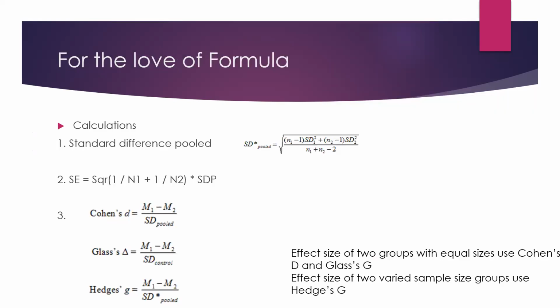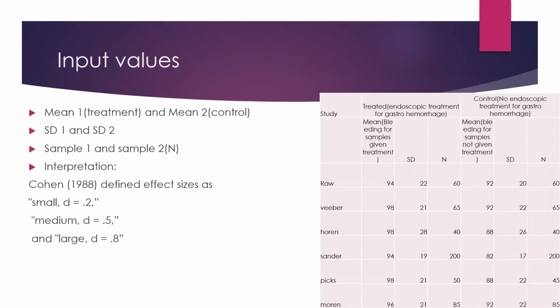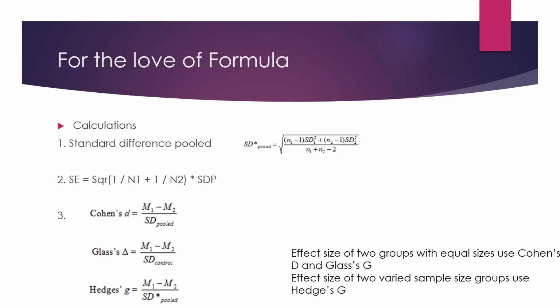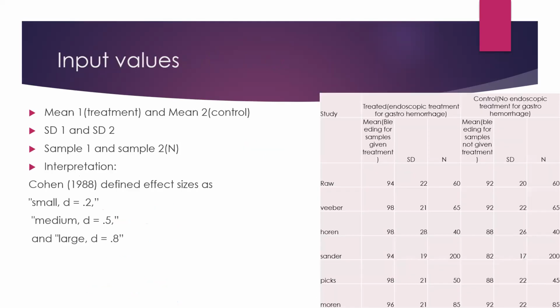The SD1, SD2 you see is nothing but standard deviation 1, treated group, standard deviation 2, control group. You see 3 values getting repeated in all formulas. The M1 and M2 that you see is nothing but mean 1 and mean 2. Mean 1 treated group, mean 2 control group.